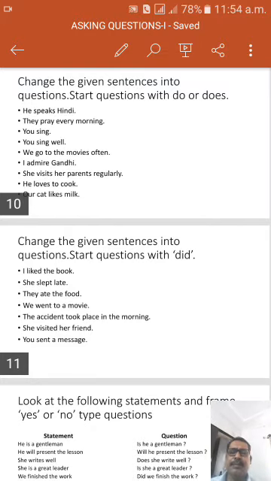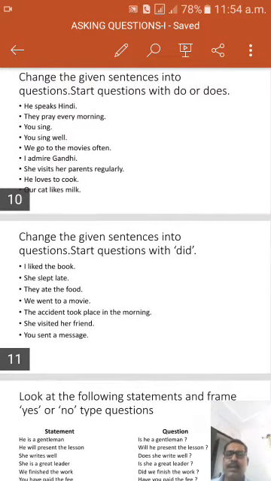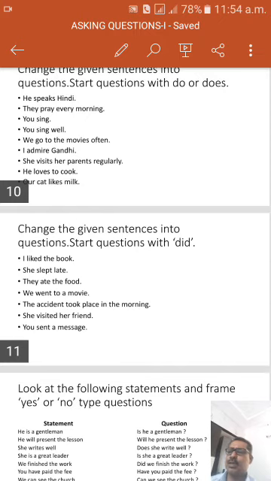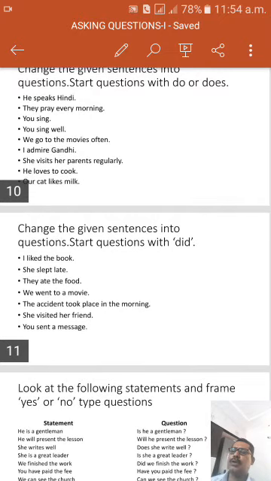Now I change these sentences into questions. You just look at the statements. I liked the book. Did I like the book? She slept late. Did she sleep late? They ate the food. Did they eat the food?